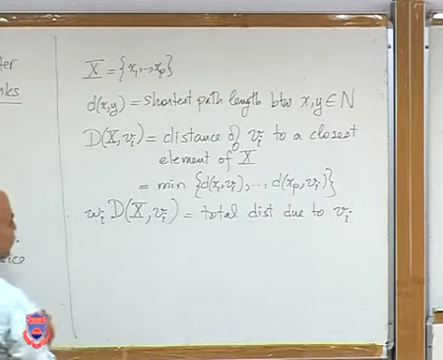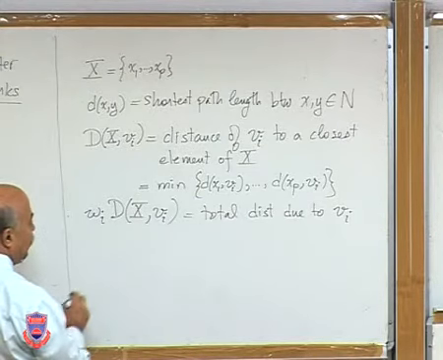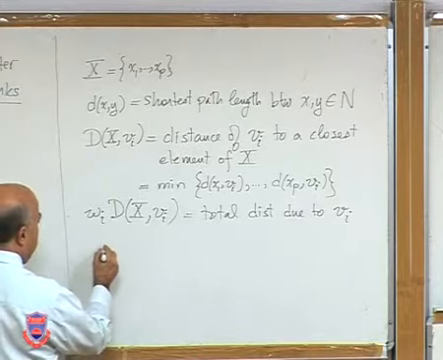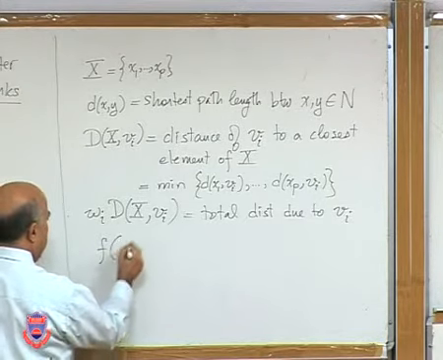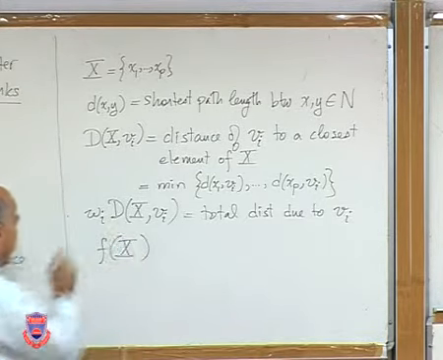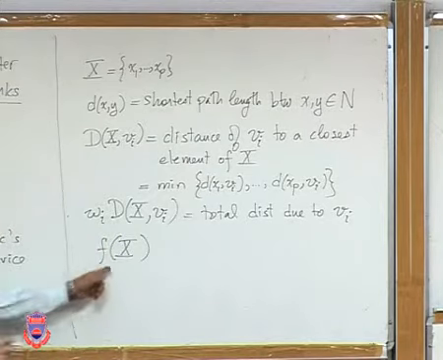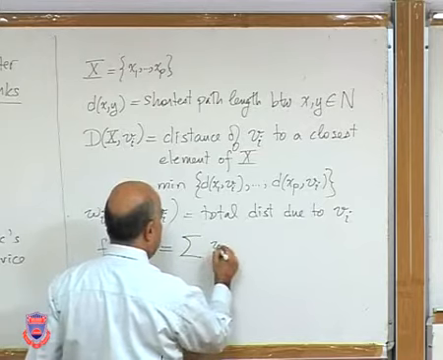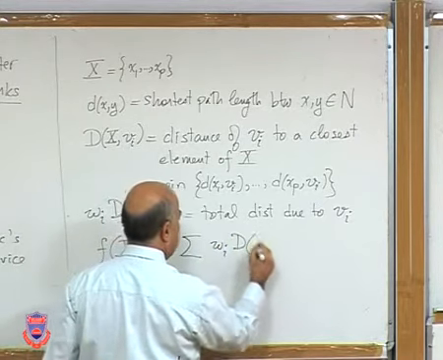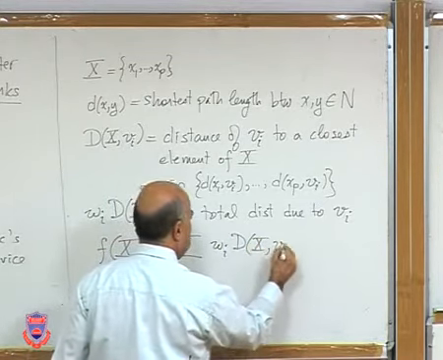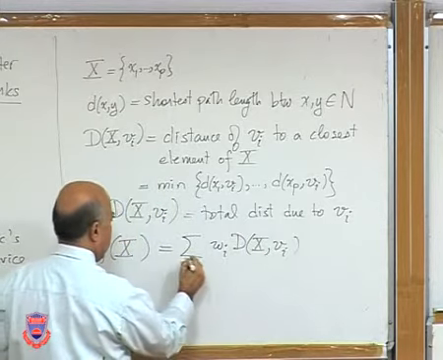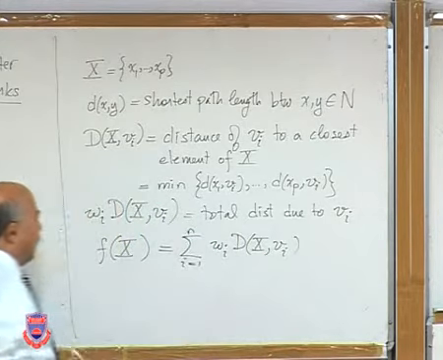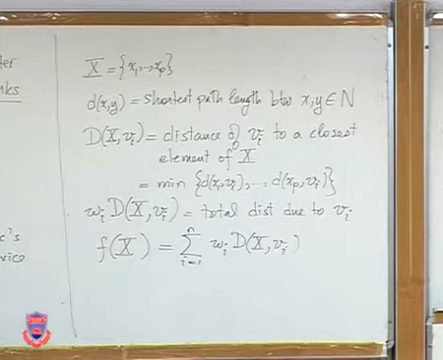All right, given this, with no loss of generality, what we want to do is we define a cost function or total cost function f of X, which is simply the summation of these total distances due to each demand point. Okay? And what is the problem?